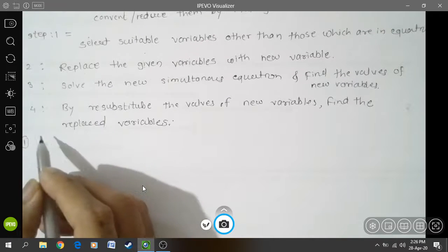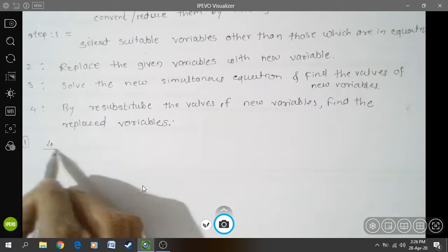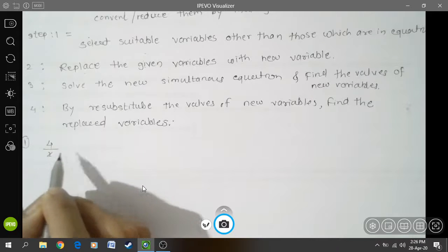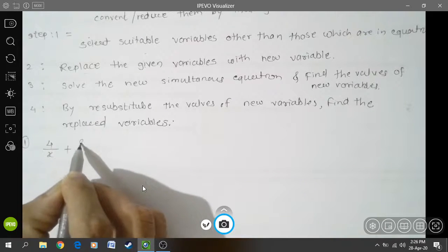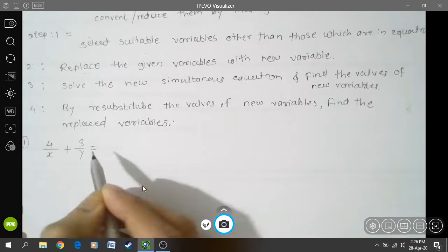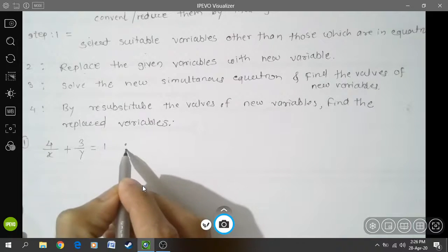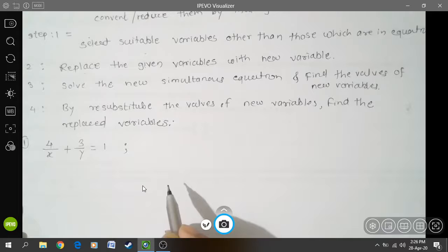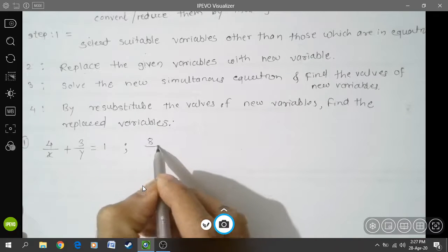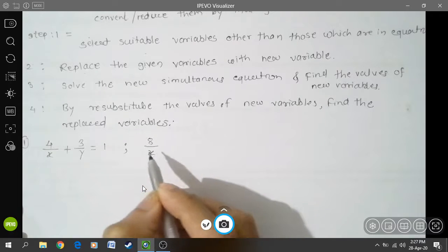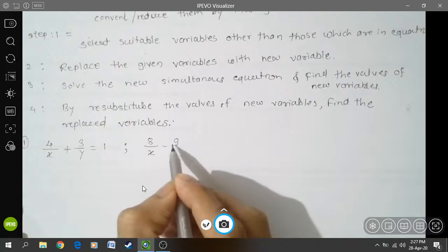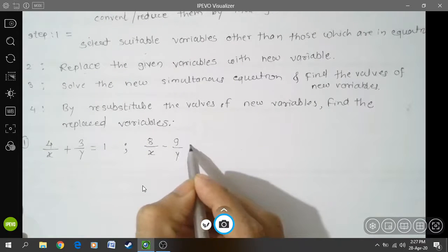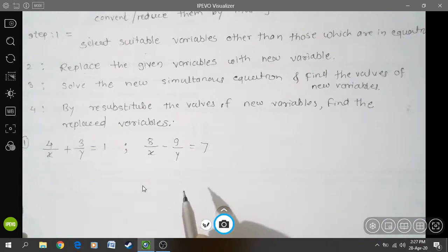Example: 4 upon x plus 3 upon y is equal to 1. This is our first equation. Then the second equation is 8 upon x minus 9 upon y. This is our second equation.